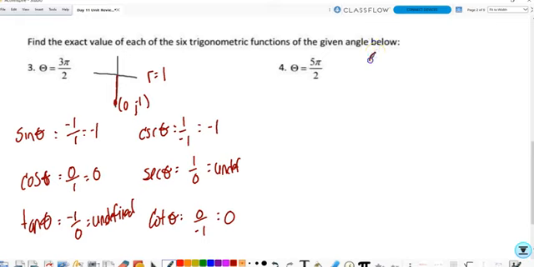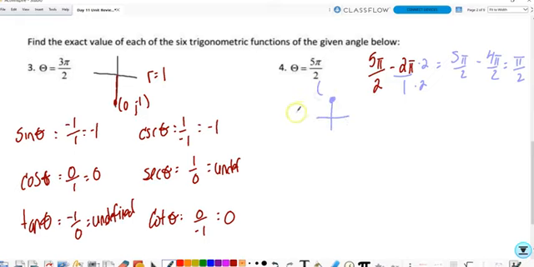Oh, 5 pi over 2, that's more than one rotation around, so I'm going to take away a rotation, but I need a common denominator. So we get 5 pi over 2 minus 4 pi over 2. So 5 pi over 2 is coterminal with 1 pi over 2 up here. I'm going to pick a radius of 1 again.